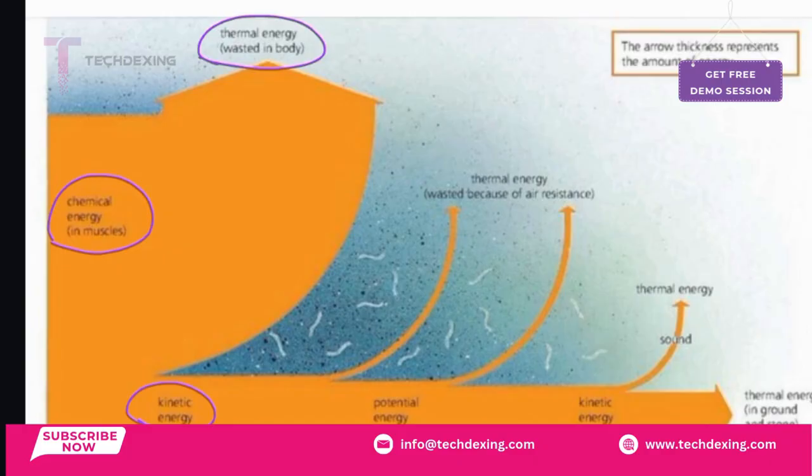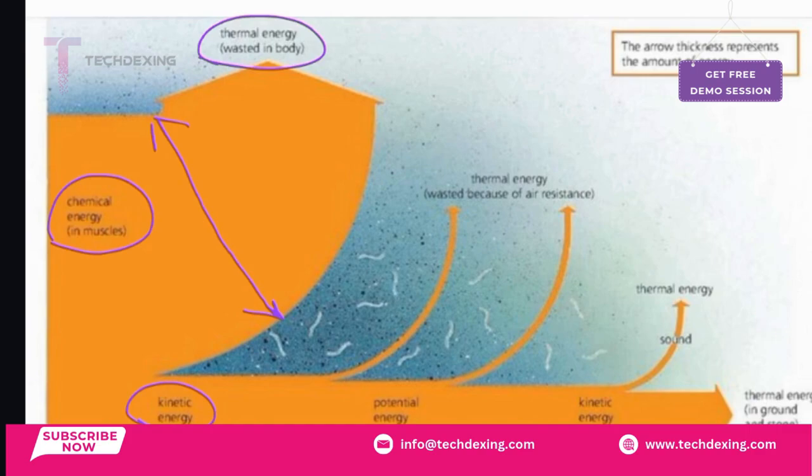I told you in the previous lesson that the size of this arrow gives us an idea of how much energy is present at any place. You can see that a big, thicker arrow is pointing towards the thermal energy that is wasted, and a thinner arrow is moving toward the kinetic energy, right?